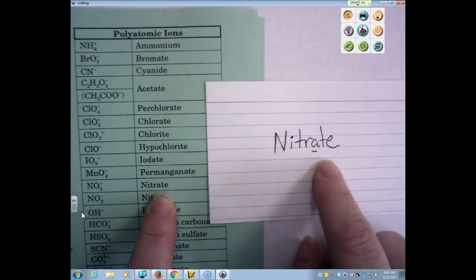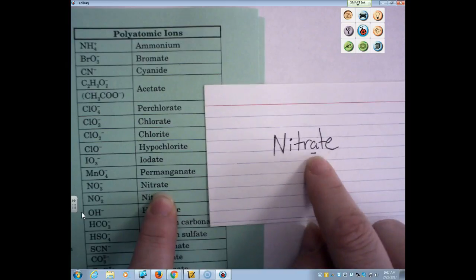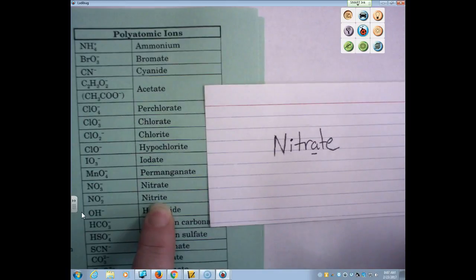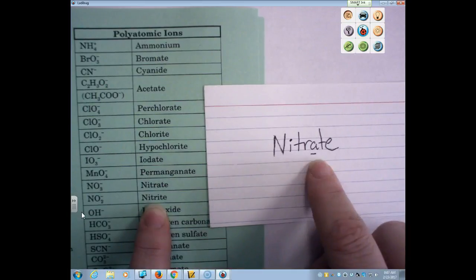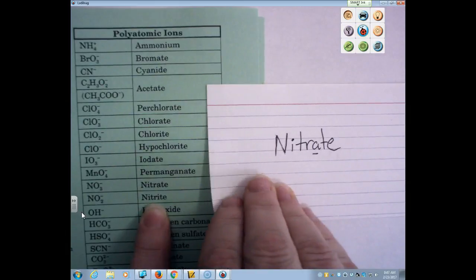Put the name on one side, and I took the time and I underlined the A because the only difference between nitrate and nitrite, at least in how you spell it, is an A or an I. We will begin to have quizzes on these to make sure that you are working on memorizing them. I must be able to tell an "-ate" from an "-ite" when you write it. So it's best just to go ahead and write your flashcards that way.